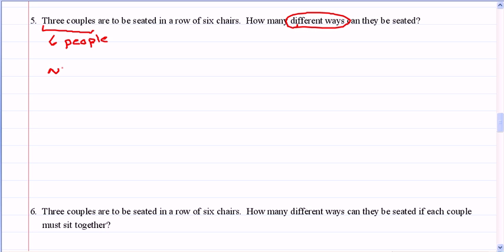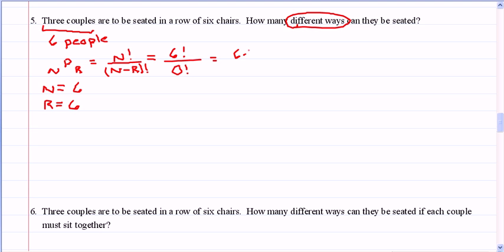So if we have a permutation, we have nPr. Our n is equal to 6 because we have 6 chairs, and our r is equal to 6 because we're seating all 6 people. So if we substitute it in the formula, n factorial over n minus r factorial, I have 6 factorial over 6 minus 6, which is 0 factorial.